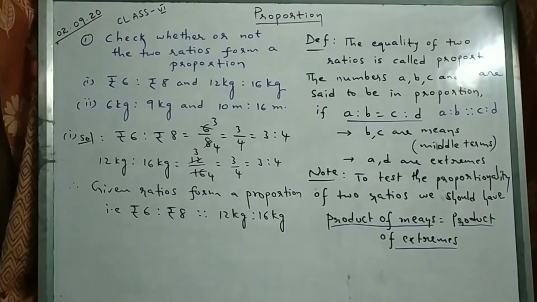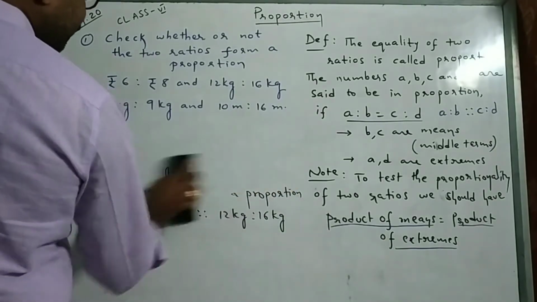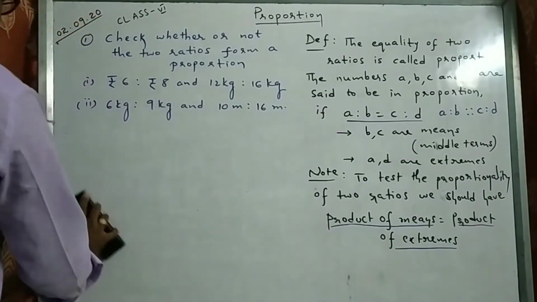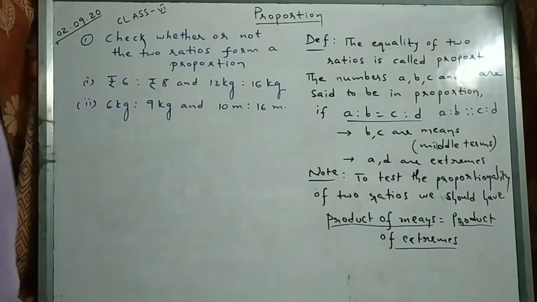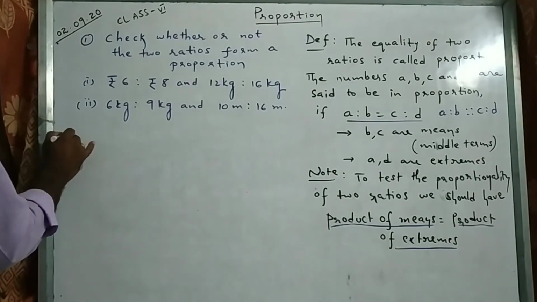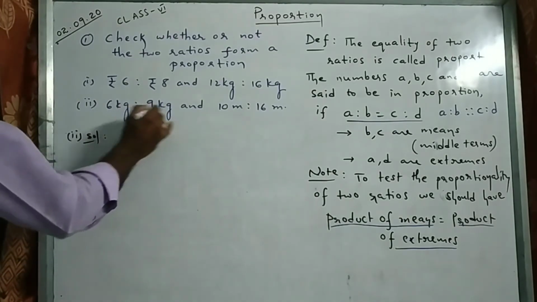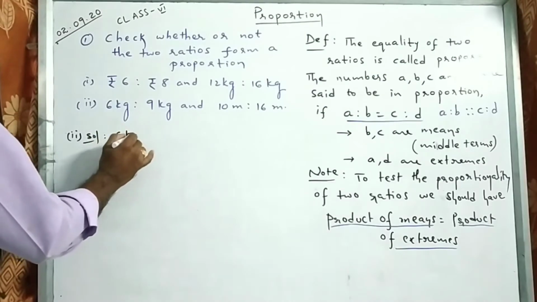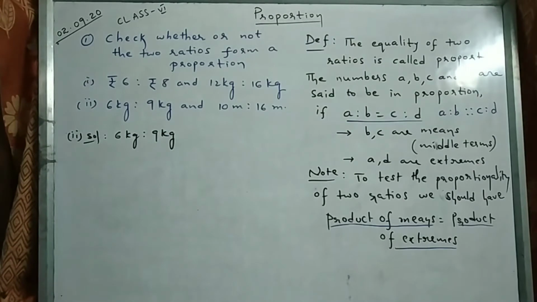We'll see the second one also. Whether they form a proportion or not, we will see. Okay? So how do we check that second one? First I will take kg, no problem. So 6 kg is to 9 kg. If they are not in the same unit, we have to change them.